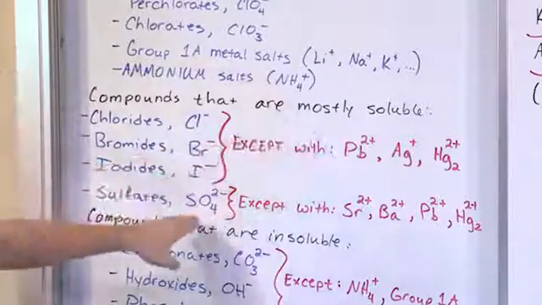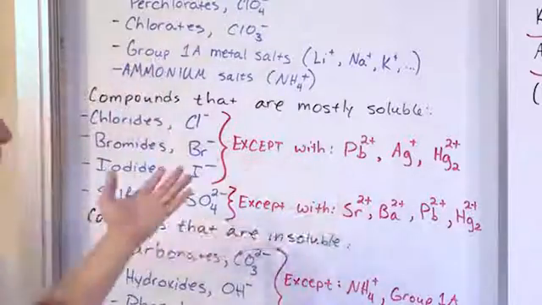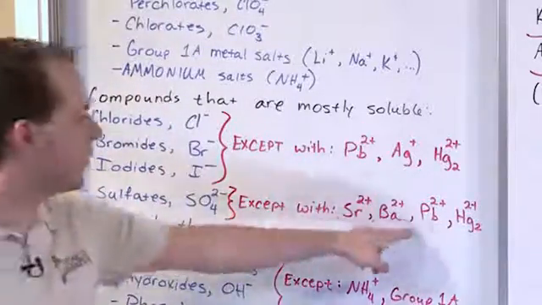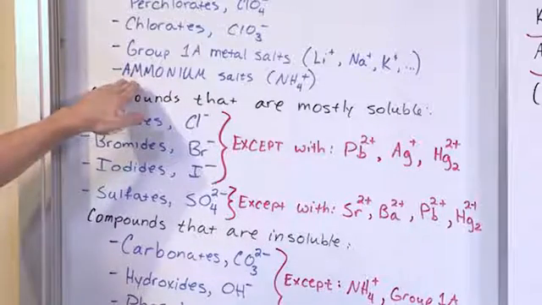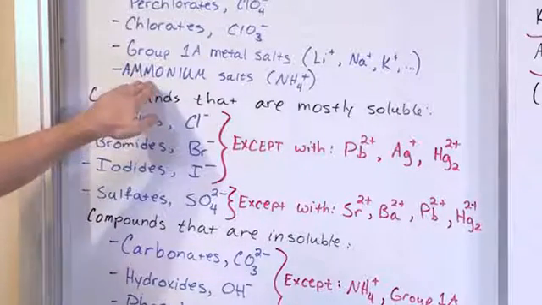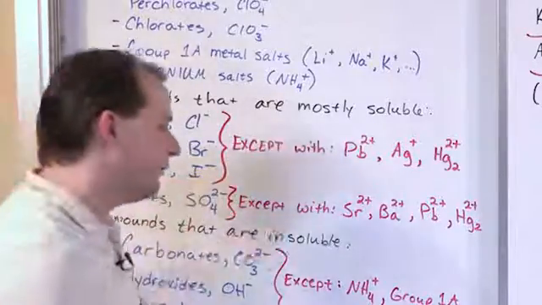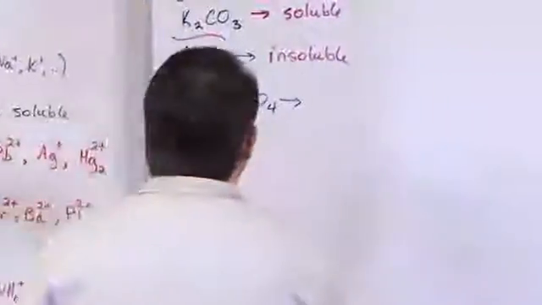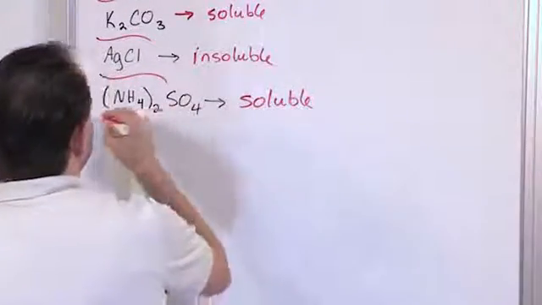Sulfates are also soluble, unless it's combined with one of these guys, and it's combined with an ammonium ion, so it's not one of these exceptions. So if you go by this guy up here, then it's soluble because of the ammonium listed here. If you go by this guy here, it's also listed as soluble, so it's going to definitely be soluble to some degree. Okay, there you go, soluble.